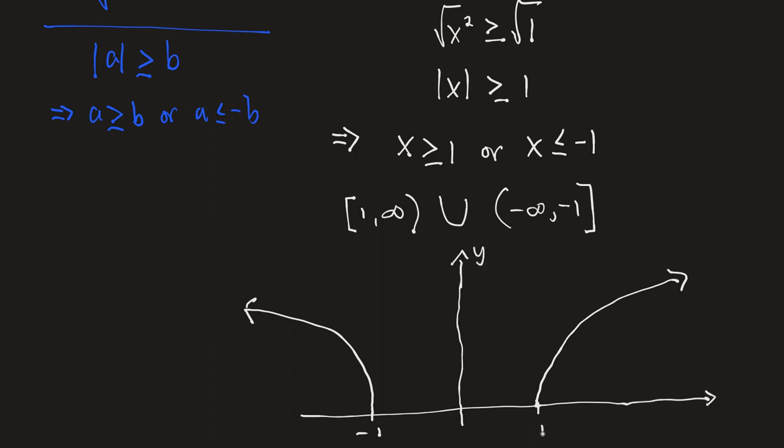But there is no function value for values of x strictly between plus or minus 1. So when you graph it, you don't see anything here. That means the function value doesn't exist, and because it doesn't exist, it can't possibly be continuous at any of the x values in here.